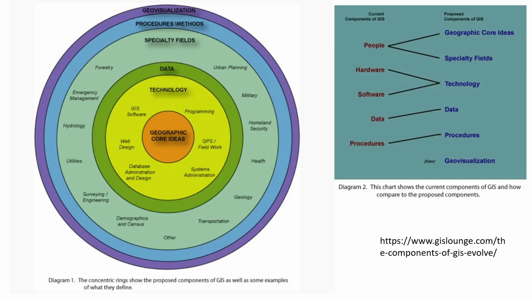It's a bunch of different technologies, for example, GIS software, programming, web design, database administration, systems administration, field work, data capture with different sensors, etc. Another green ring is data, and all this core zone helps different specialty fields.